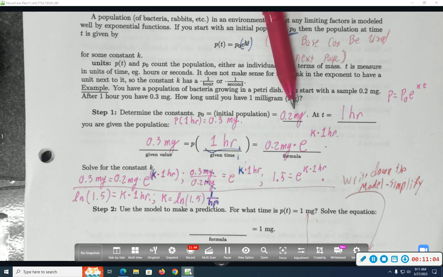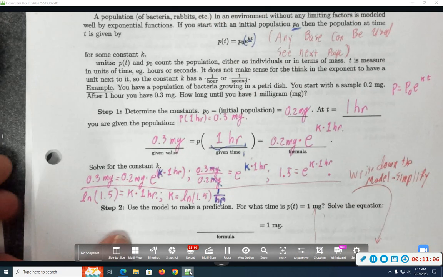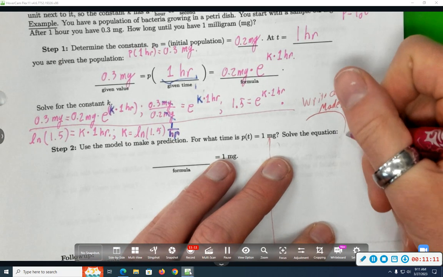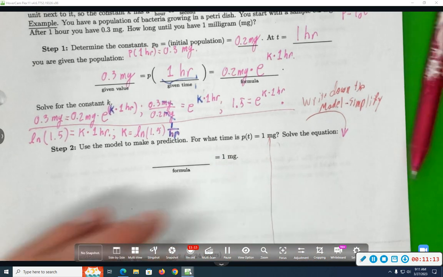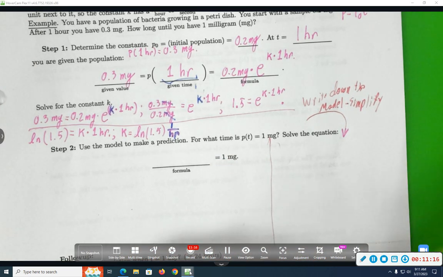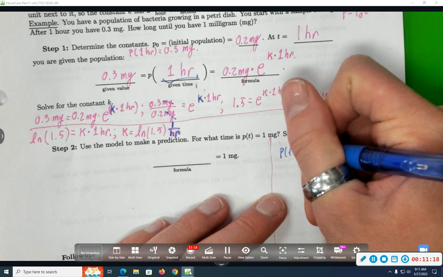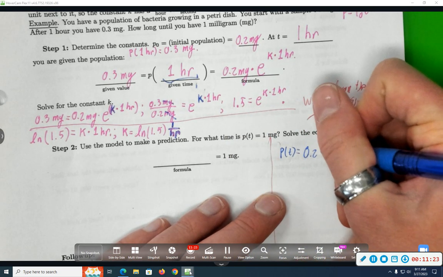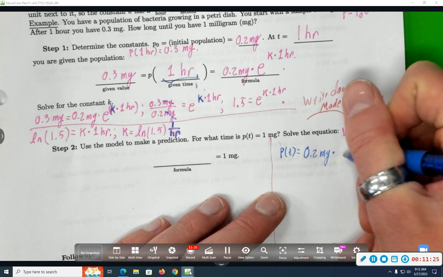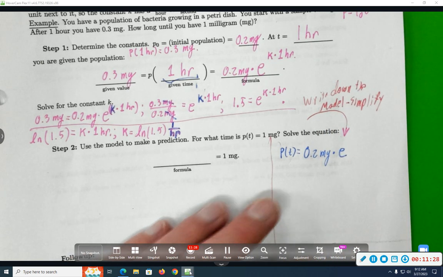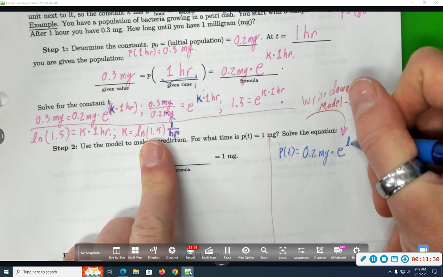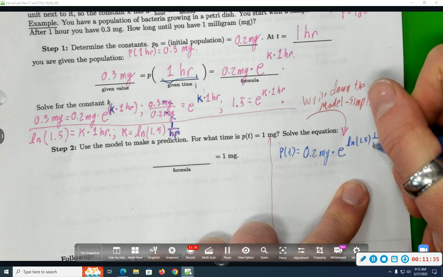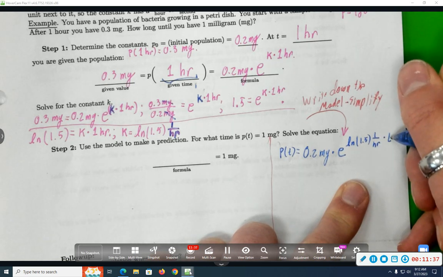Let's write down the model we have. So this means that the function that models this population is P of t is equal to P0, which is 0.2 milligrams, times e to the K, which is ln of 1.5, 1 over an hour, times time.